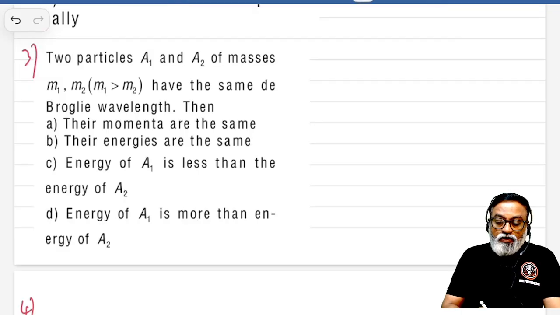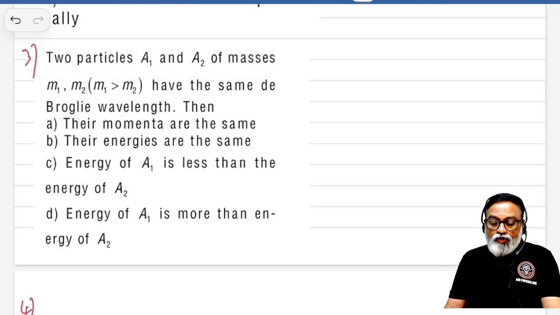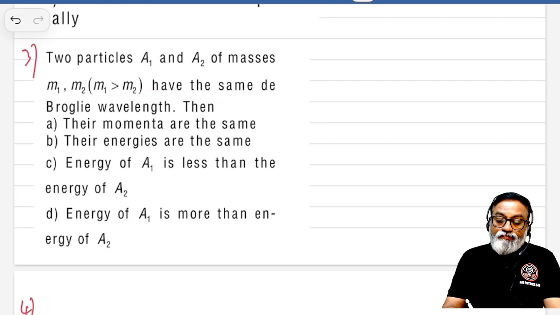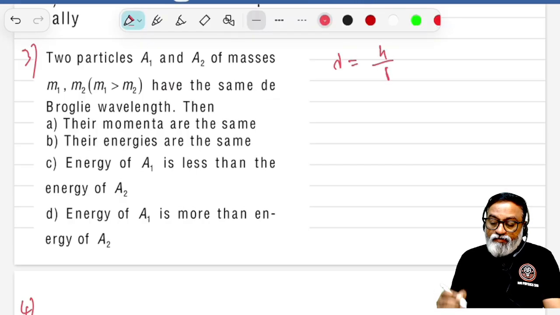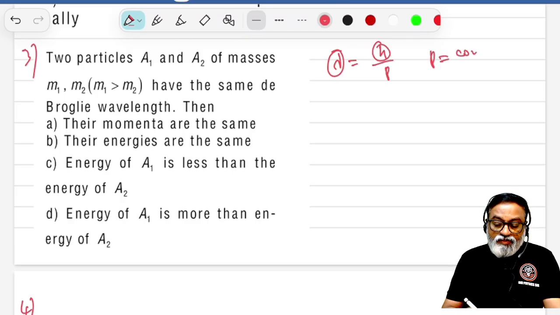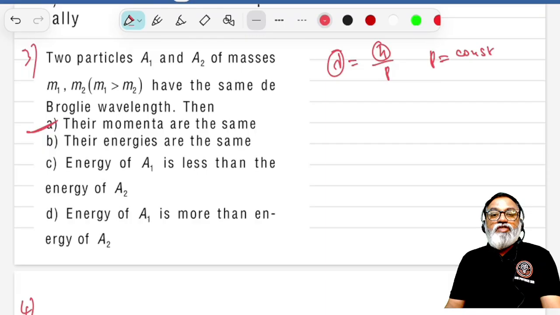Next, two particles A1 and A2 of masses m1, m2, here m1 is greater than m2, have the same de Broglie wavelength. Then here lambda is equal to h by p. Same de Broglie wavelength means momentum is constant. Therefore, their momenta are equal.